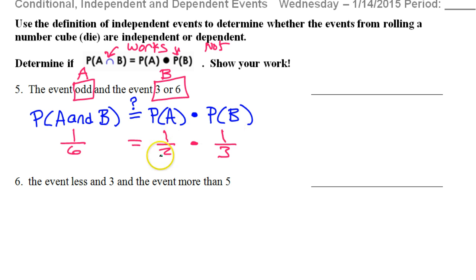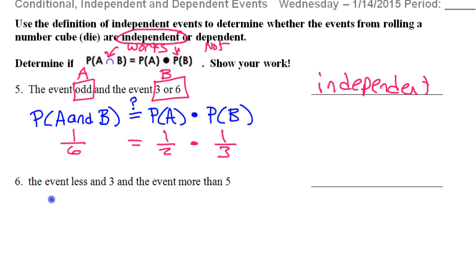Sure, because you just multiply straight across. 1 times 1 is 1, 2 times 3 is 6. So the equation does hold, which means these events are independent. If it doesn't work, then it's dependent.